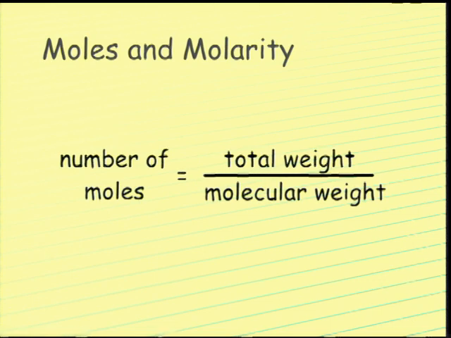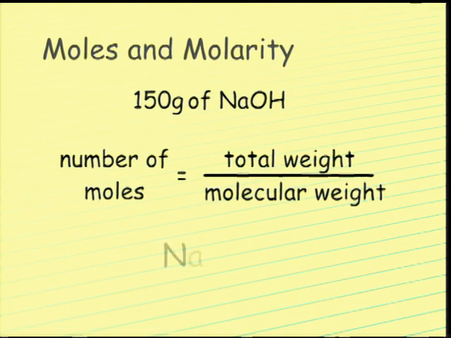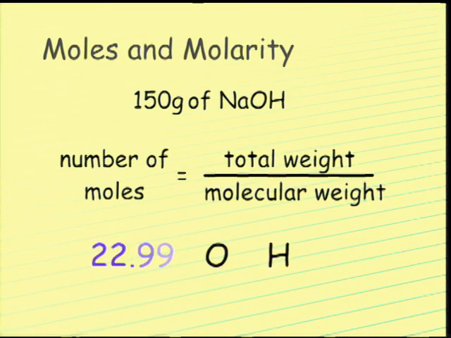The equation is number of moles equals total weight divided by molecular weight. For example, if 150 grams of sodium hydroxide is mixed into water to make a solution, how many moles of solute have been used? You'll need to determine the molecular weight of sodium hydroxide from the periodic table. Sodium has 1 atom at 22.99 atomic weight, oxygen 1 atom at 16, and hydrogen 1 atom at 1.01.